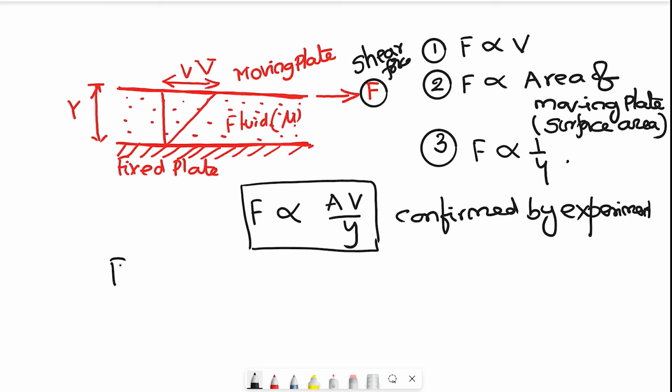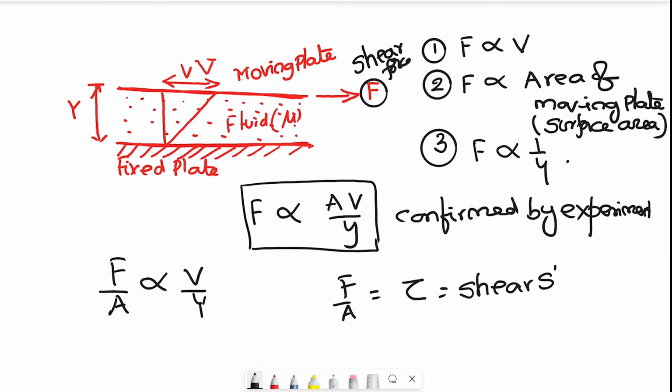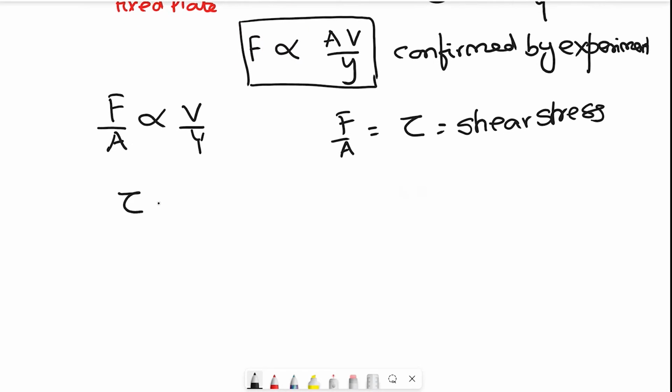So F by A is proportional to V by Y. What is F by A? F by A is nothing but stress. This is shear stress. So therefore, tau is proportional to V by Y, or tau is equal to mu into V by Y.